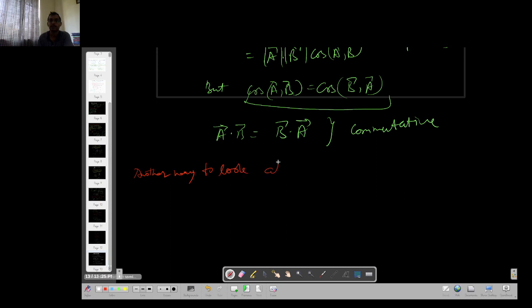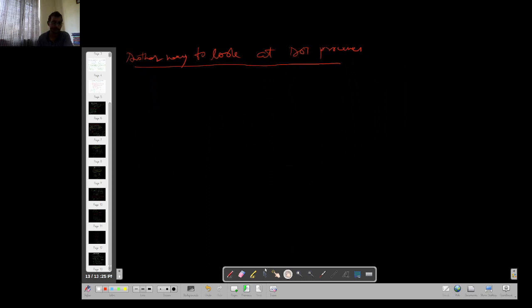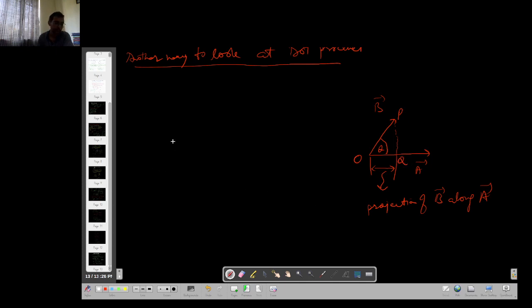So for this, consider a vector A and say there is another vector B, and say these are making an angle theta, and if we draw a perpendicular from B to A, then this distance is basically the projection of vector B along vector A. And let me call it as point O, it is P and it is Q. So now this A dot B can be written as magnitude of vector A, magnitude of vector B, and cos of theta.